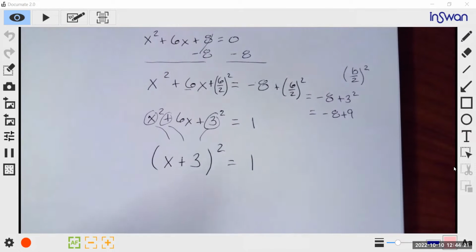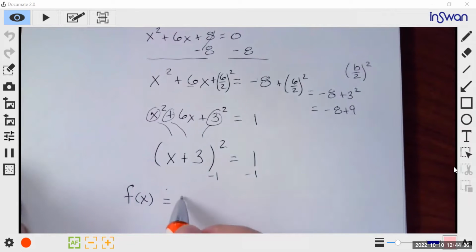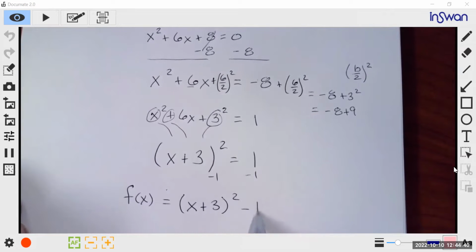Now, if we were going to solve this, we'd square root both sides, but we're not trying to solve it. We want to put it into vertex form. Now, move the 1 back, move the constant back. So we have (x + 3)² - 1. And there we have it in vertex form.